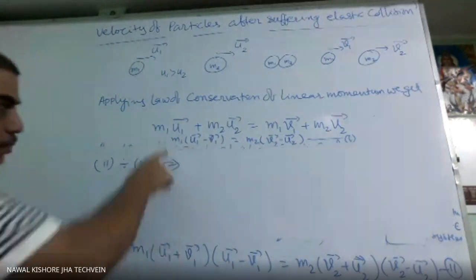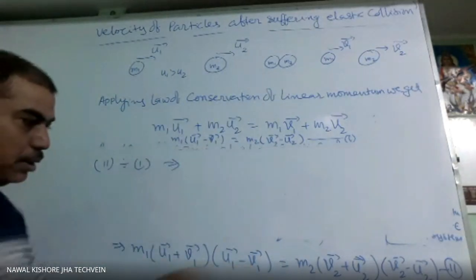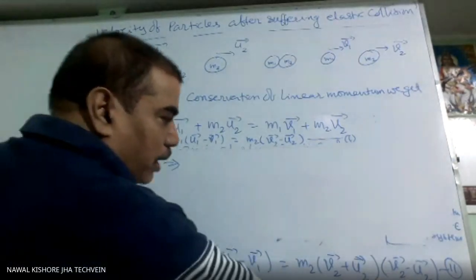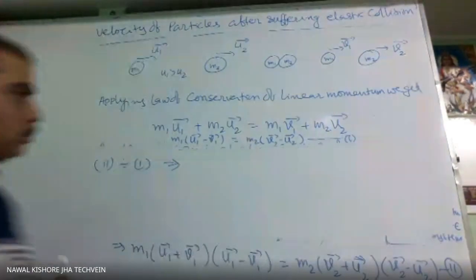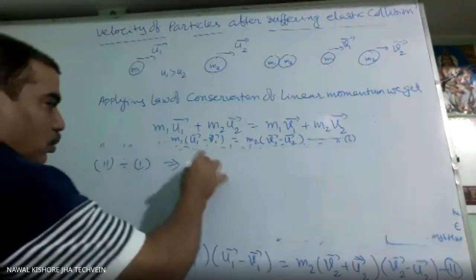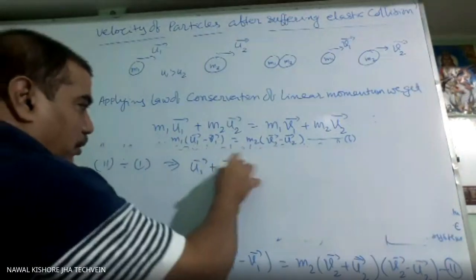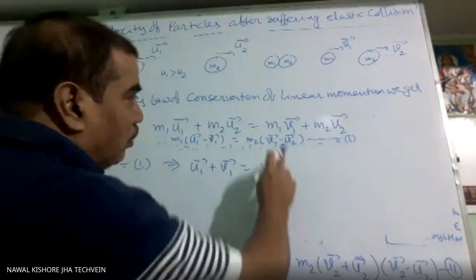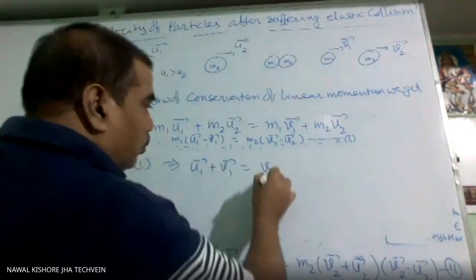So this second divided by first will give M1 (U1 minus V1) on this side and M2 (V2 minus U2) on the other side. So this will be cancelled. So what is left? U1 plus V1 will be equal to V2 plus U2.